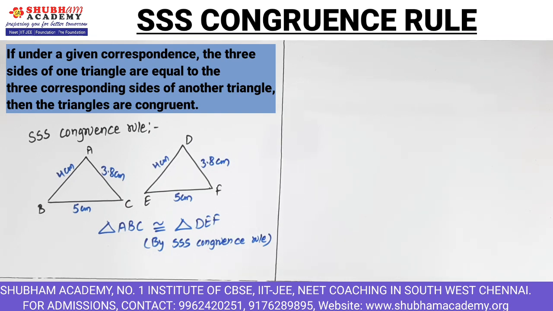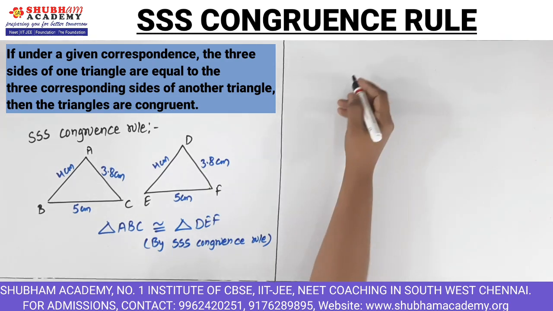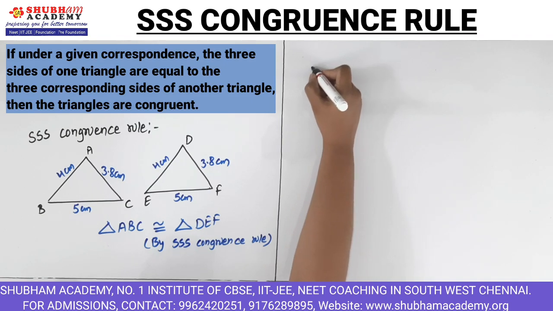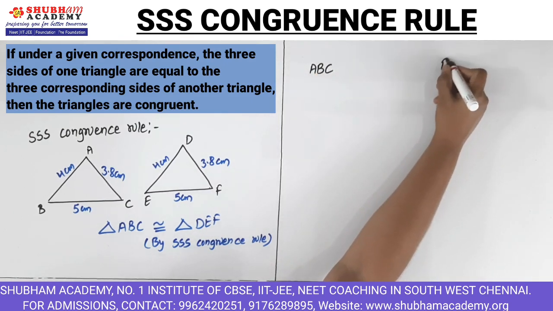Suppose you are given one side of a triangle, and they are asking you whether both the triangles under consideration will be congruent. So let's try out this game. Suppose I have two triangles, say ABC and PQR.